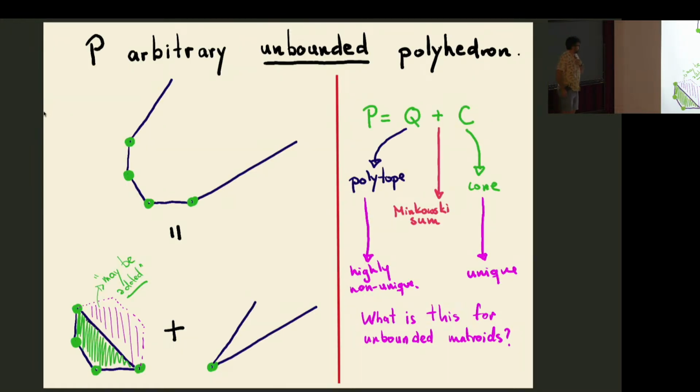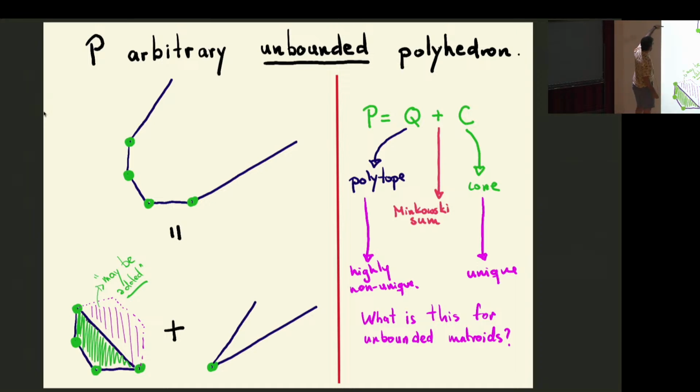So a little bit of discrete geometry. If you have a polyhedron that is unbounded, any polyhedron, there is a very nice decomposition of this polyhedron in terms of something that is bounded and something that is a cone. So a cone is the set of positive combinations of a finite collection of vectors.